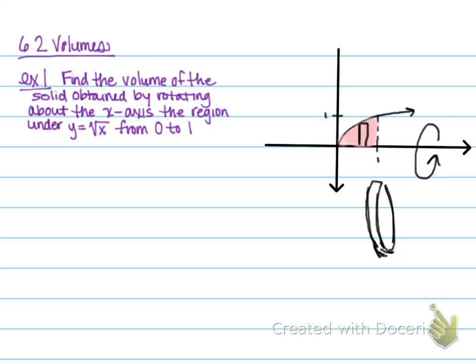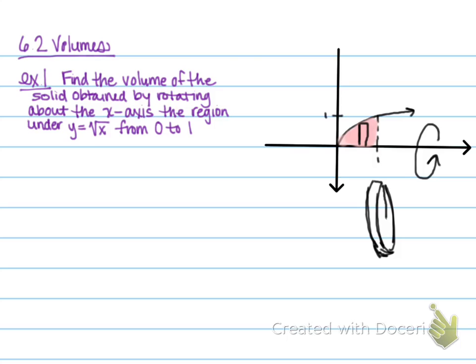When we rotate, the volume is going to be the limit of all of the volumes of these little discs added up together, the limit of the sum as the number of discs approaches infinity. We just find that by integrating.